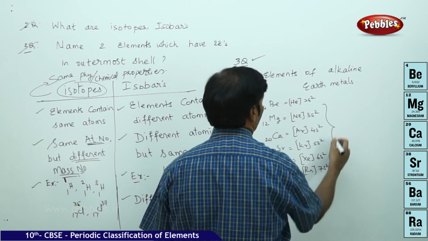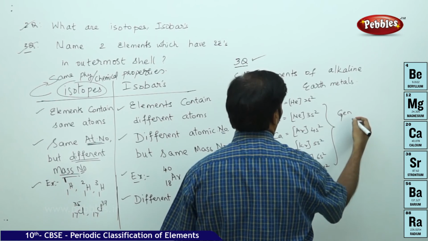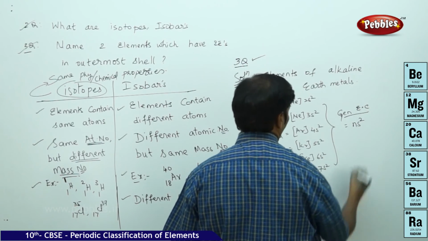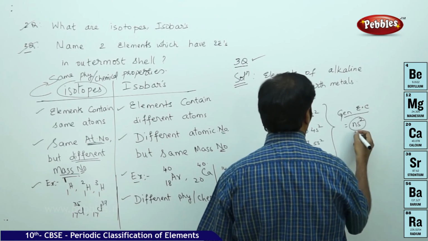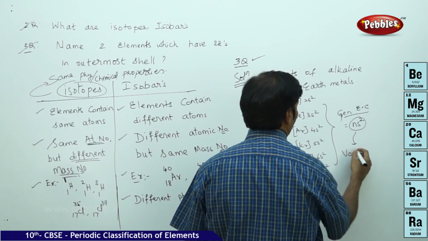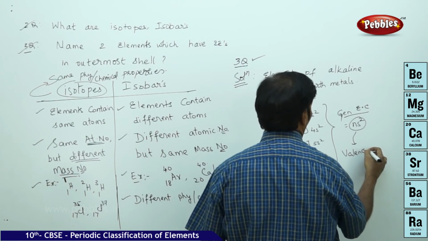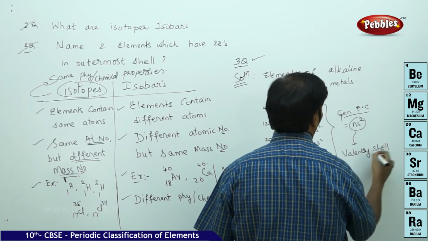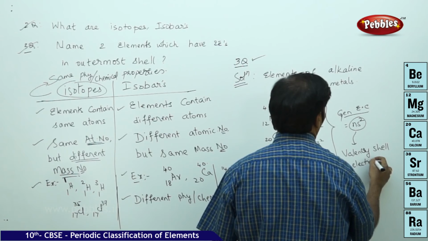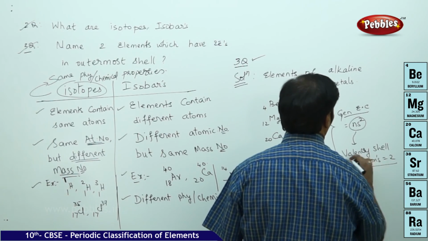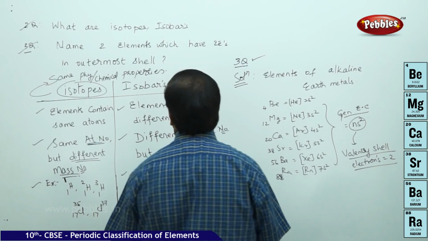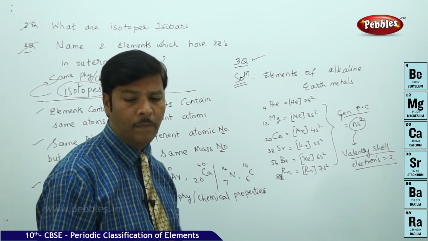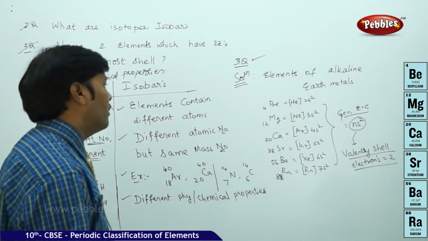So what you are noticing is the general electronic configuration is ns2, and the valence shell electrons is equal to 2. This is the answer for the number of valence electrons present in the group 2A elements, the alkaline earth metals.